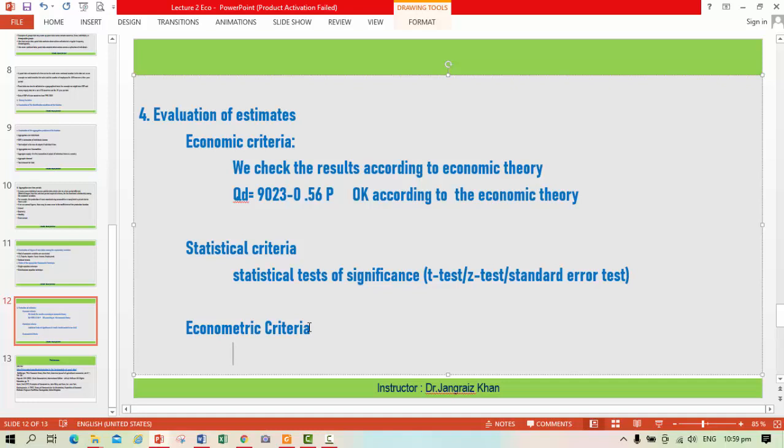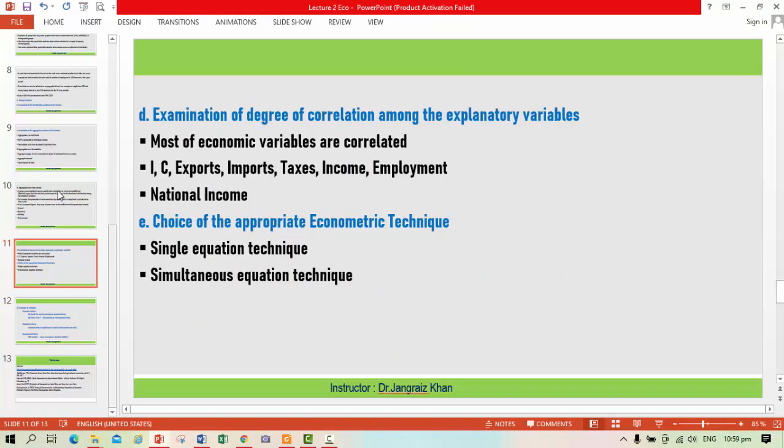For example, if you are using the method of ordinary least squares, the OLS method, then its basic assumptions should be fulfilled. For example, one of the assumptions, as we discussed in this slide, is that the explanatory variables should not be correlated.